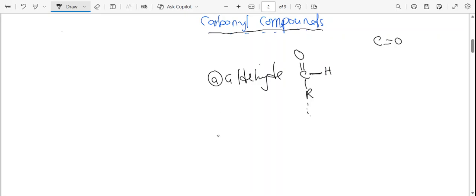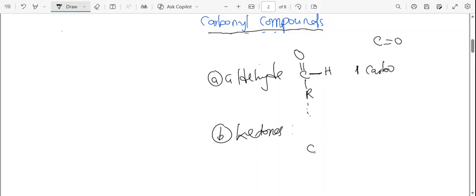So those are aldehydes. The other thing that I can talk about is the ketone. So what are these ketones? Aldehydes start with just one carbon, but ketones have two carbons making that functional group.